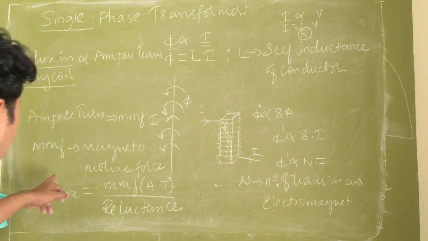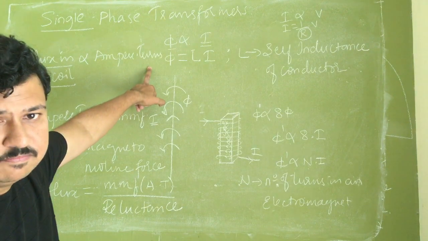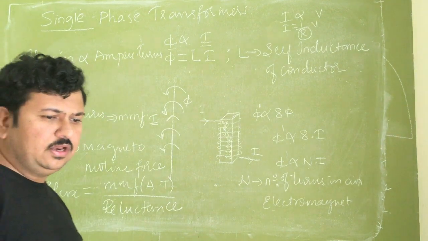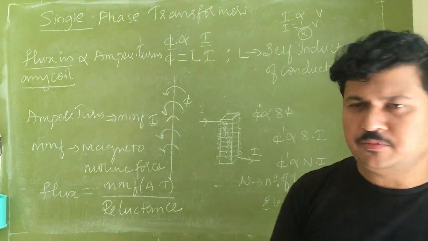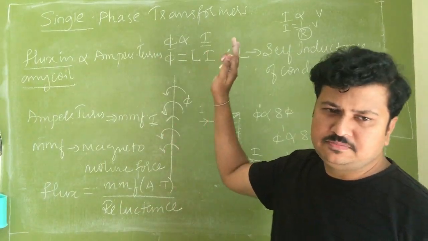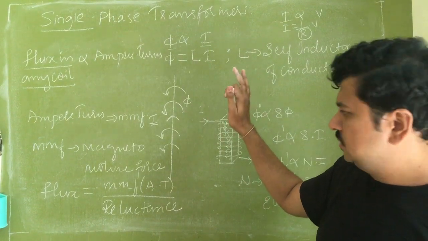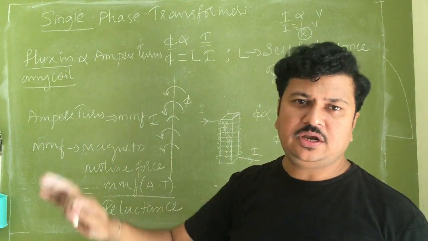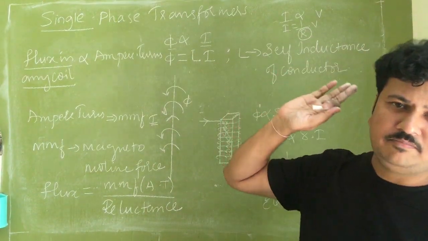Therefore, to create a flux, I need amperes and I also need turns. So the flux produced in any system electromagnetically is always proportional to these ampere turns. MMF is the main reason to create a flux, like voltage is the main reason to create a current.